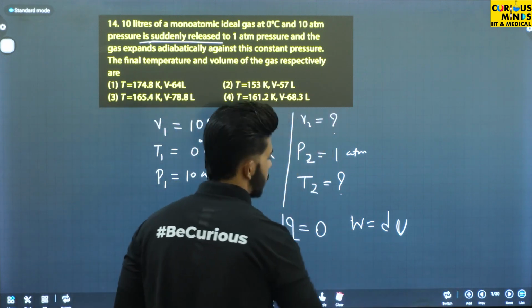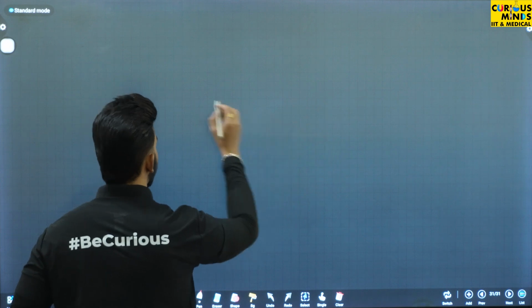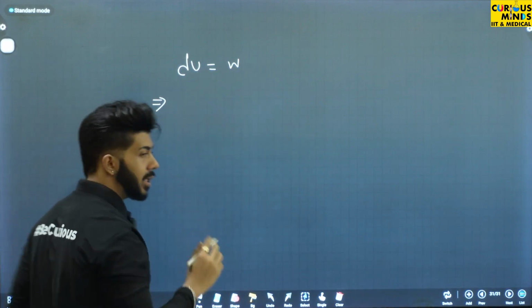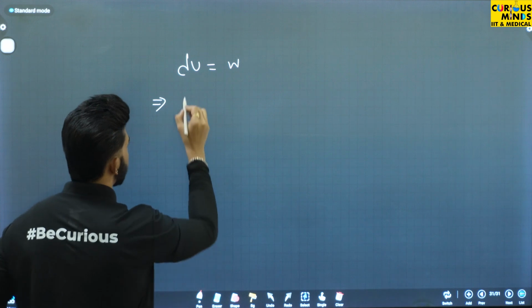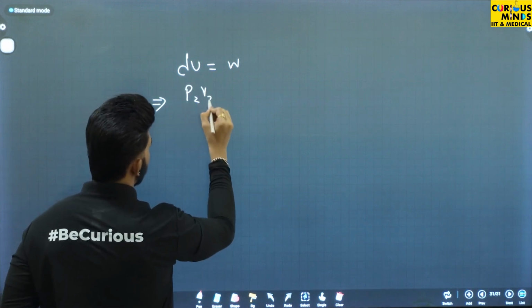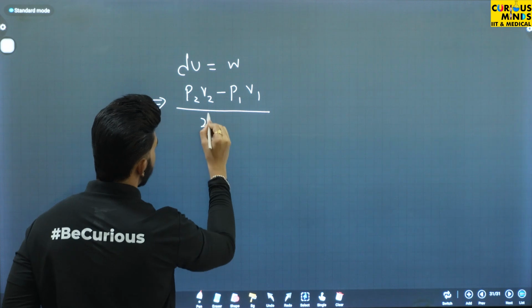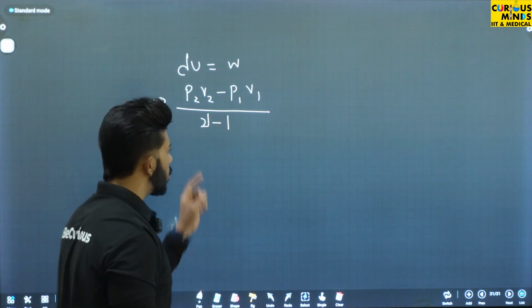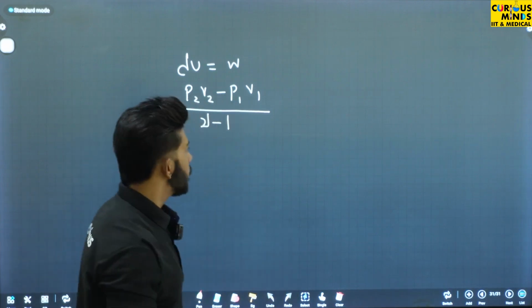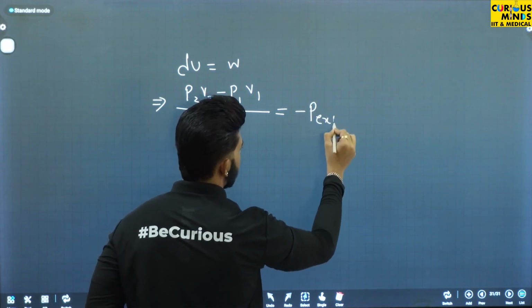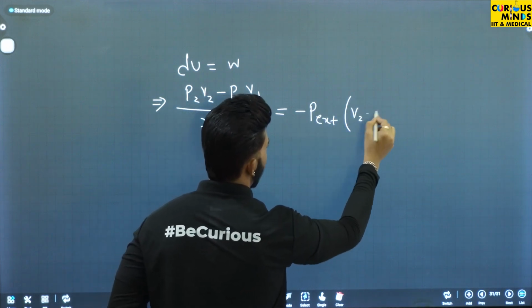Now I'm going to the next page. So dU equals W, and for an adiabatic process, what is the formula of dU? It is (P2V2 minus P1V1) upon (gamma minus 1), where we all know gamma is Cp by Cv, equals W. What is W? Minus P external into (V2 minus V1).